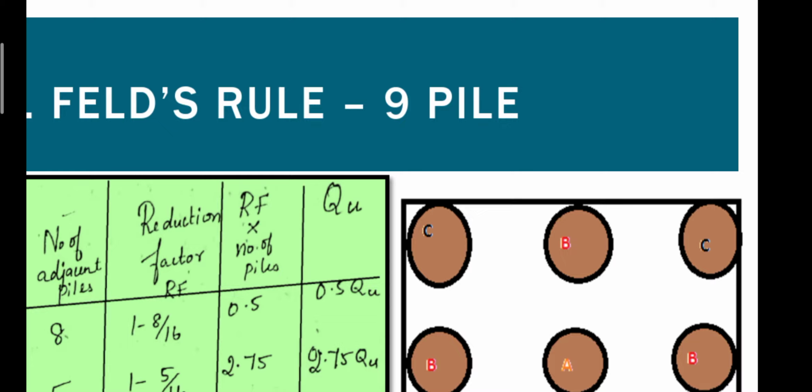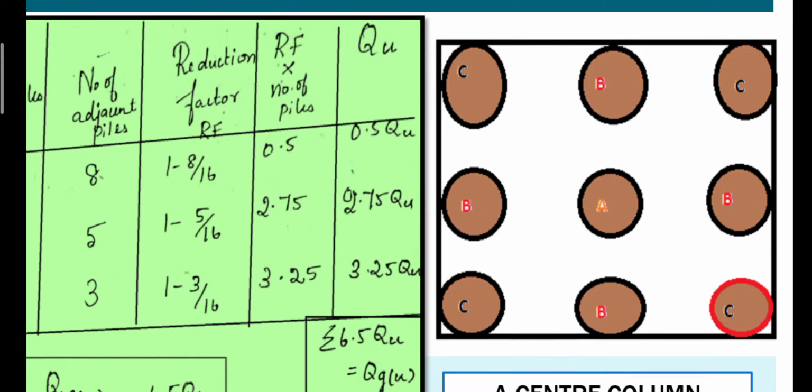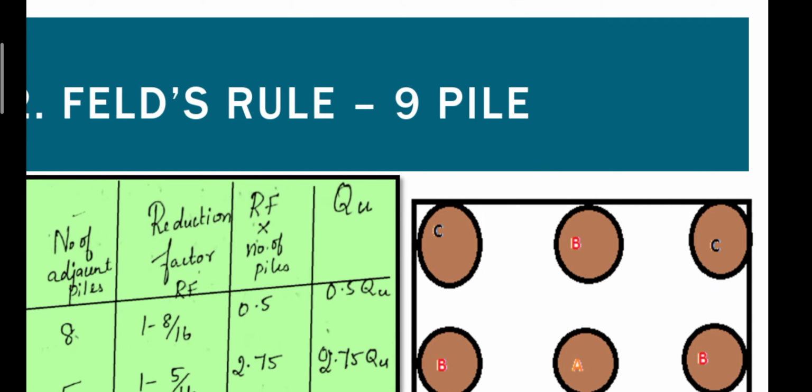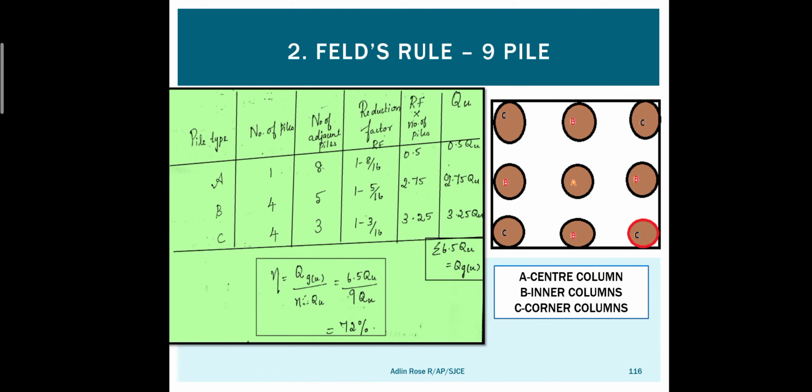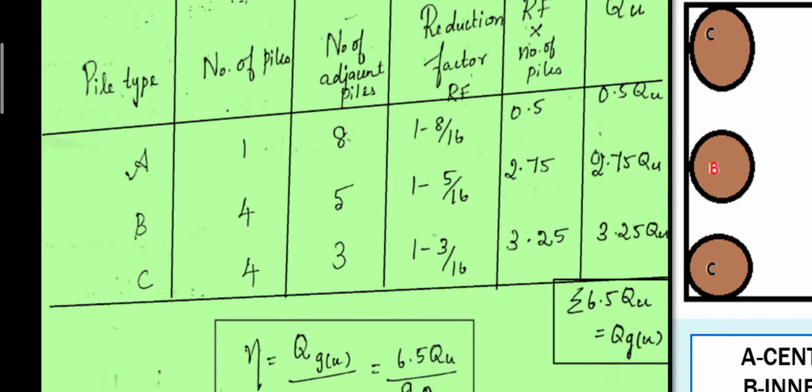Then straight downwards, we have the A pile. So for the first row B, the nearby piles are 2 C, 2 B diagonally, and one A. Correct? So totally 5 piles are nearby or diagonally nearby to pile B. So for any B pile, the number of adjacent piles is 5.